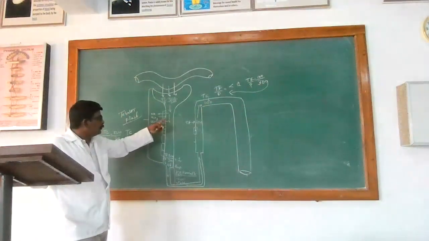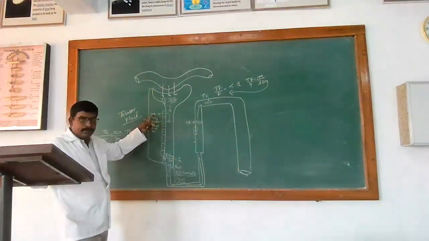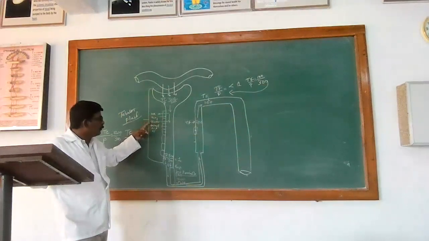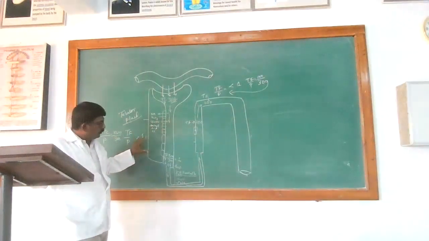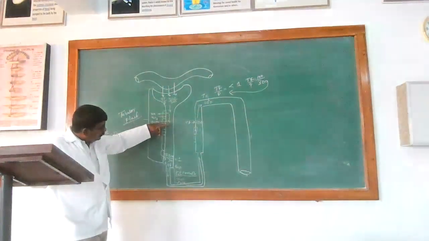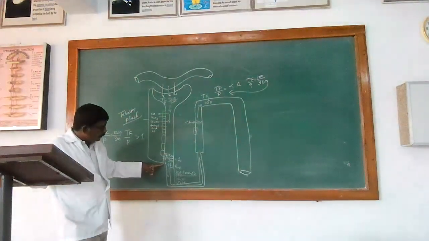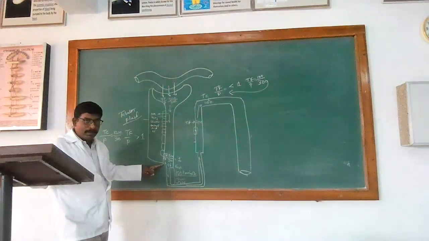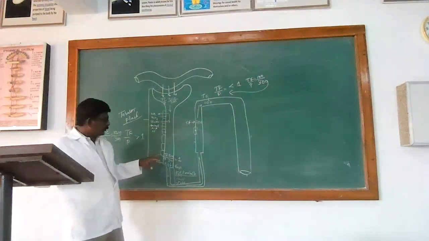These cells reabsorb sodium, bicarbonate, glucose, amino acids, chlorides, and other solutes. So when this filtrate comes down at the end of the proximal tubule, what will the osmolarity be? Will it increase or decrease? We discussed this in the last lecture.